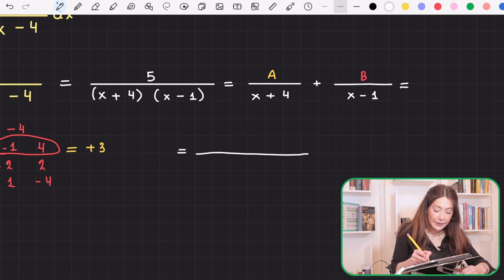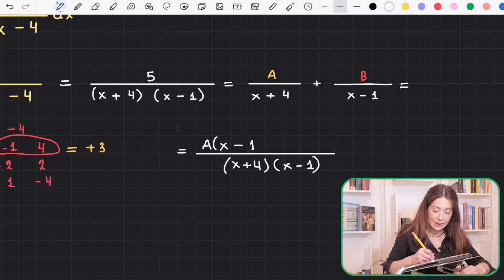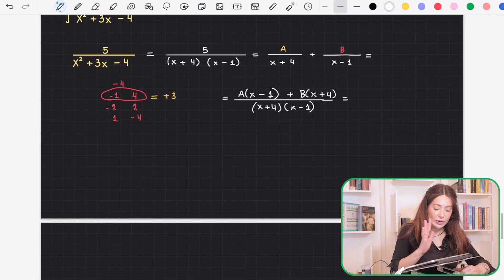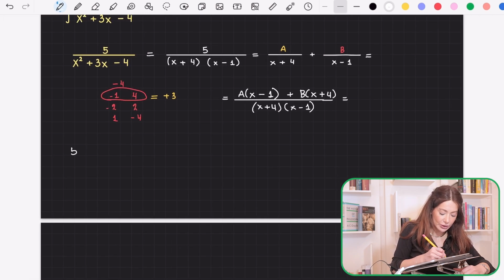So then I'm going to put them together. You find the common denominator, which is x plus 4 times x minus 1. You multiply a by what it lacks, which is x minus 1. Multiply b by what it lacks, which is x plus 4, okay? And then just worry about the top part, which is the numerator.